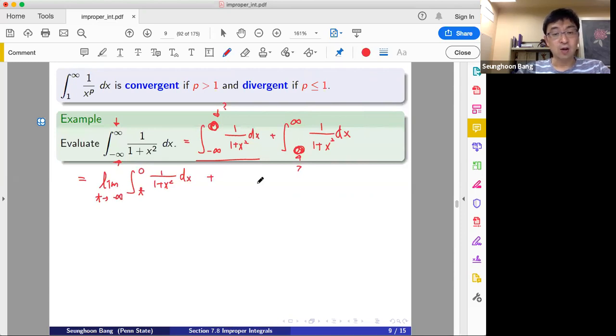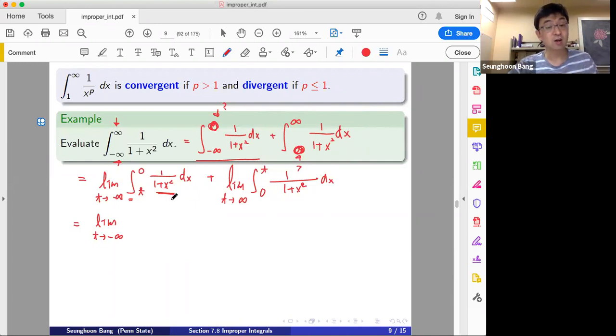Plus, the second one, integral from 0 to, replacing infinity by t, 1 over 1 plus x squared dx. Take the limit as t approaches positive infinity. You can calculate the integral 1 over 1 plus x squared dx.